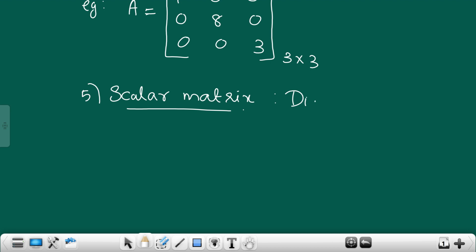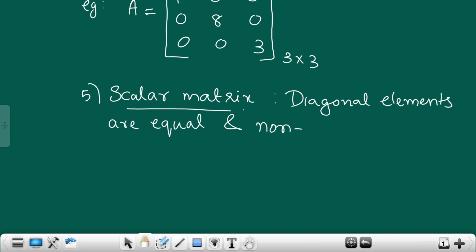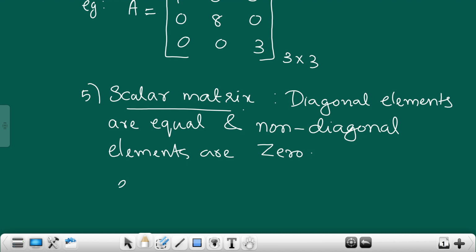For example, matrix B equal to 5, 0, 0, 5.